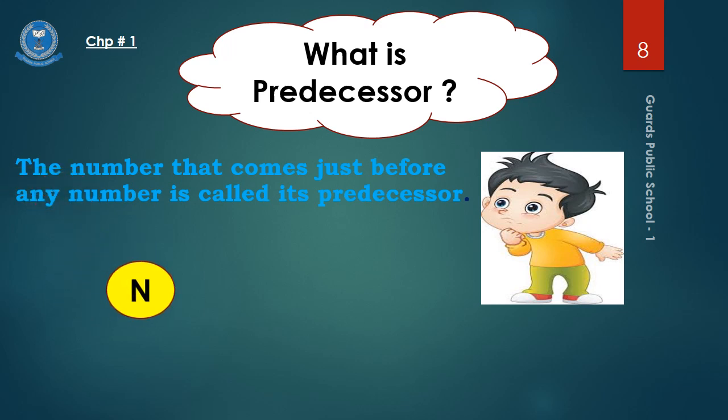If the number is n, again n means any number, then the predecessor of the number is n minus 1. To find the predecessor of any given number, you have to subtract 1 from the given number.